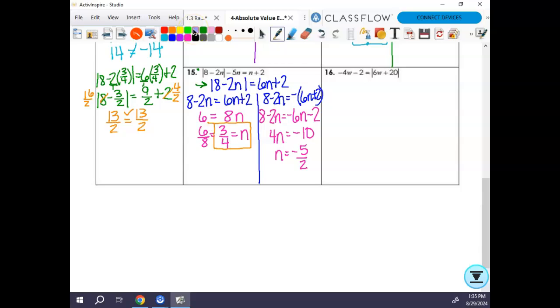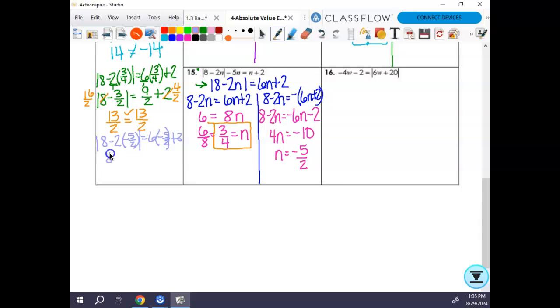Now the other one, negative 5/2. Absolute value of 8 minus 2 times negative 5/2 equals 6 times negative 5/2 plus 2. Right here, negative times a negative is a positive.